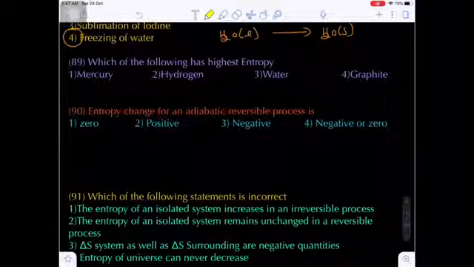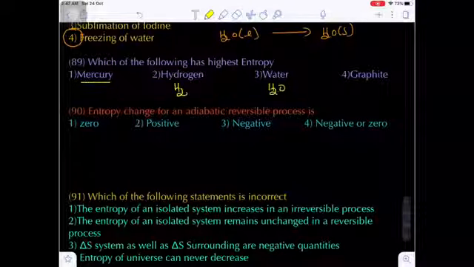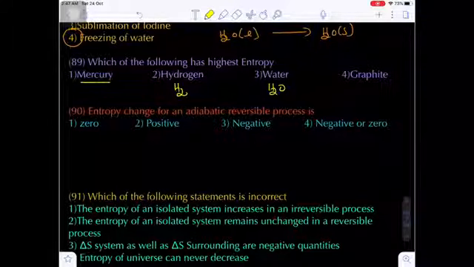In question number 89, which of the following has highest entropy? Mercury is a liquid metal, hydrogen is a diatomic molecular gas, water is a liquid, and graphite is a crystalline allotropic form of carbon.